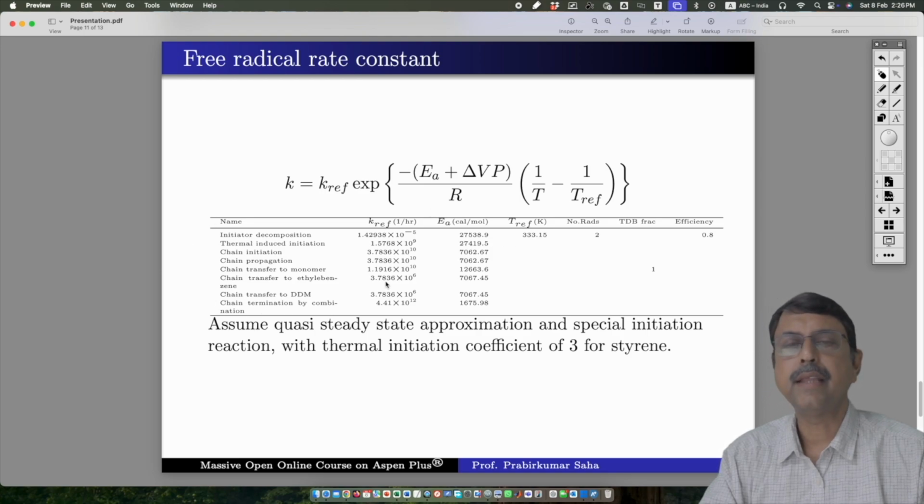All those things are there. Assume quasi-steady-state approximation and special initiation reaction with thermal initiation coefficient of 3 for styrene. This we will understand when we go to the Aspen Plus software.